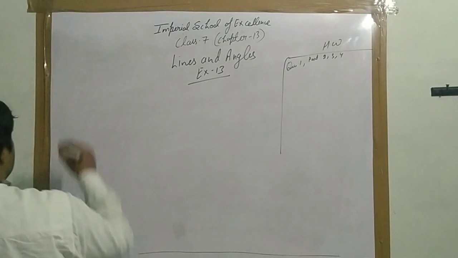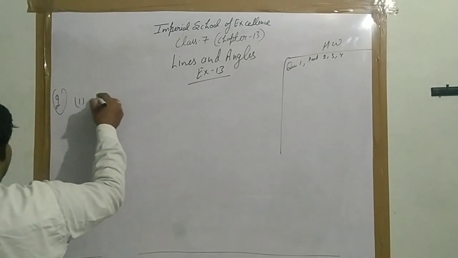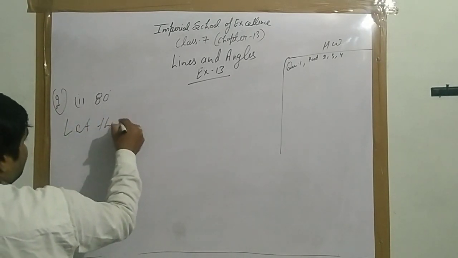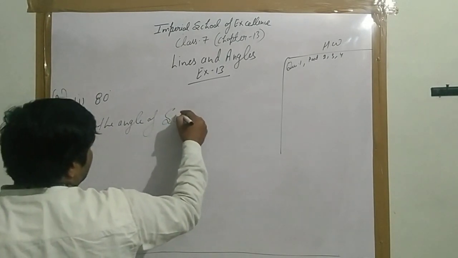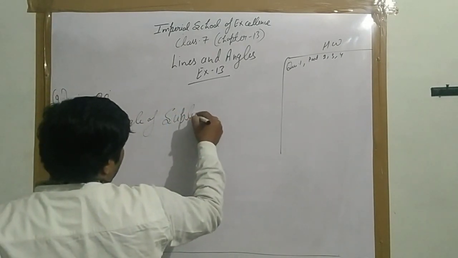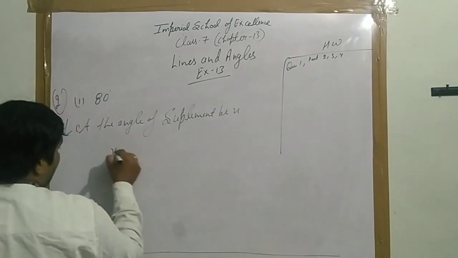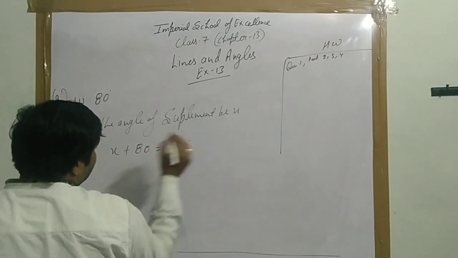Find the supplement of each of the following. Question number 2, first part is 80 degrees. Let the angle of the supplement be x. We have taken it as x, so x plus 80 equals 180 degrees.